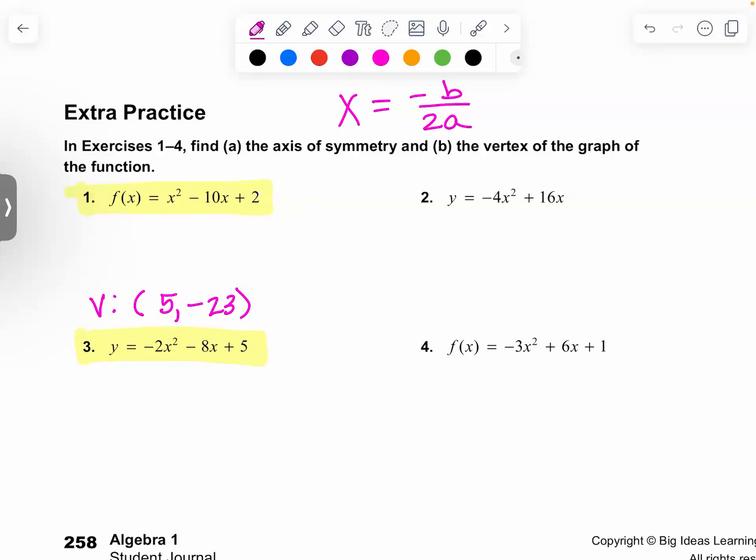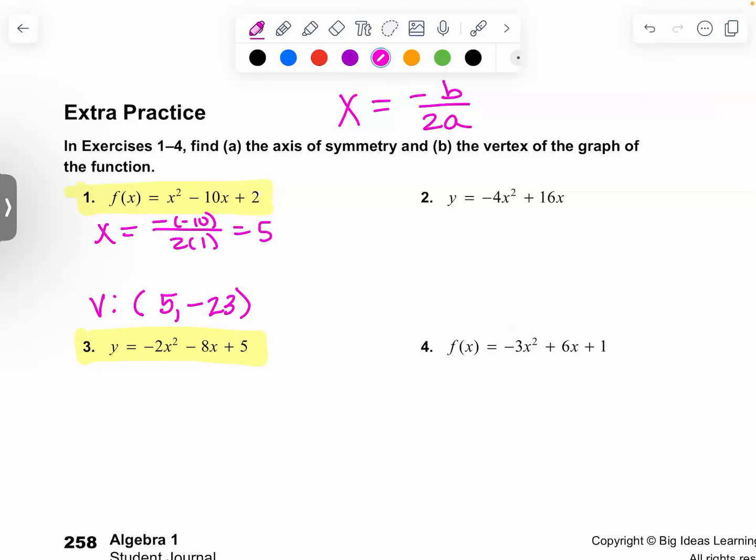Now, in order to get our y value, we need y. This is for x. So negative b over 2a.